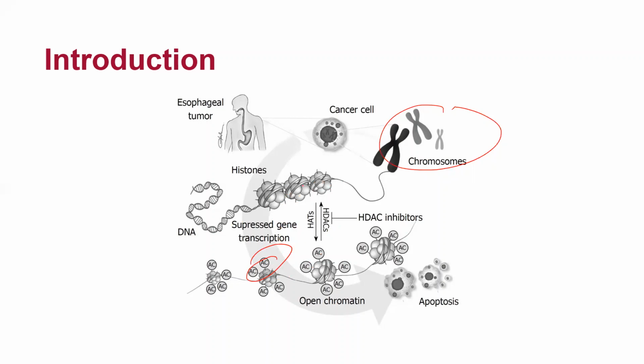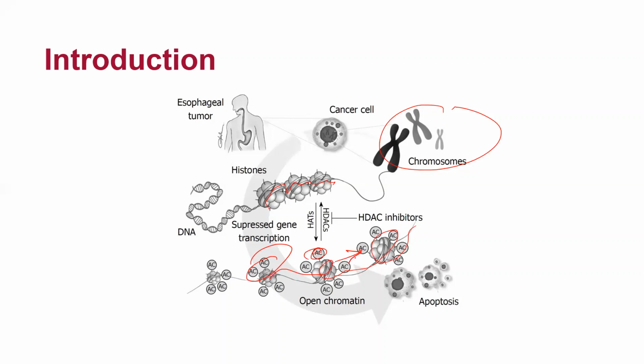For example, if the HDAC enzyme works, it will remove the acetyl groups around this histone, and therefore it will cause the DNA to be packed more tightly, and therefore it will inhibit the expression of the DNA. But another enzyme is responsible for attaching the acetyls to the histone protein, and it will cause the DNA to unpack, so the expression can proceed.